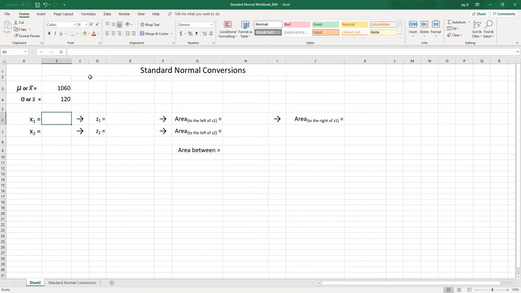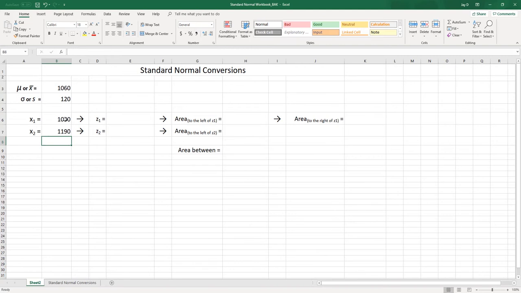And for the first part, or part A, we're only concerned about the proportion of students who scored between 1040 and 1190. So in a problem such as this, we have two x values, and one of those in this case would be 1040 and the other one 1190, because that's what they are on the original normal curve.